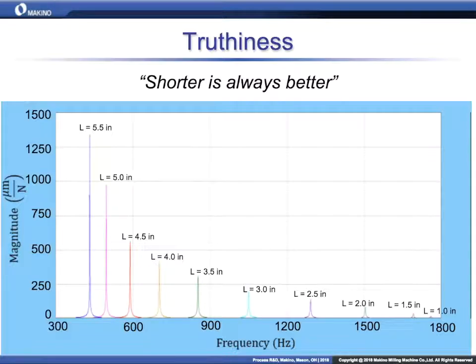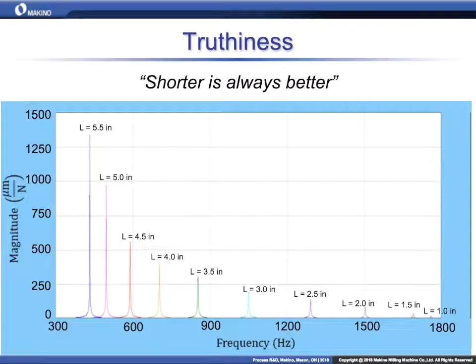The horizontal axis represents the frequency, the natural frequency of the tool as a function of stick-out length. And the vertical axis represents, let's think of it as the tool's stiffness. The taller that peak is, the less stiff the tool is.